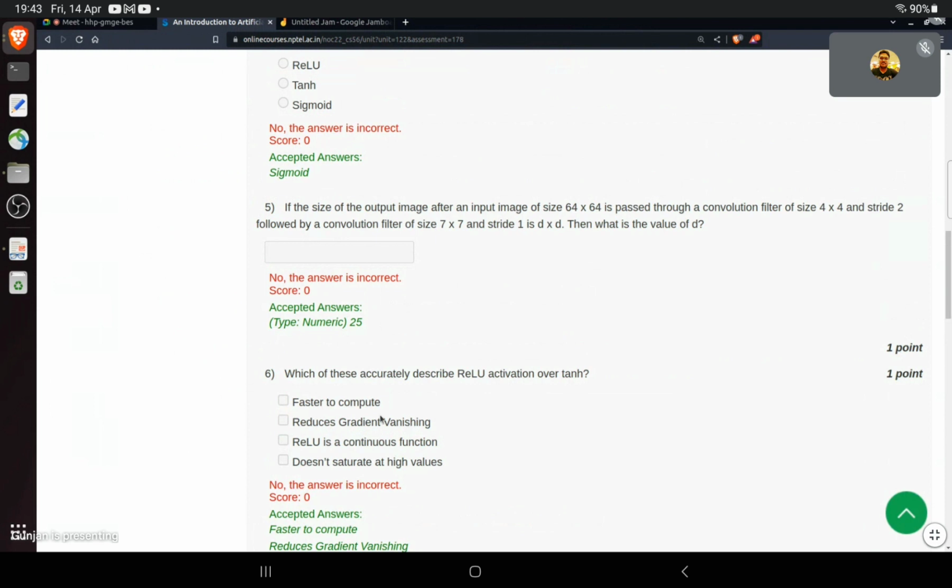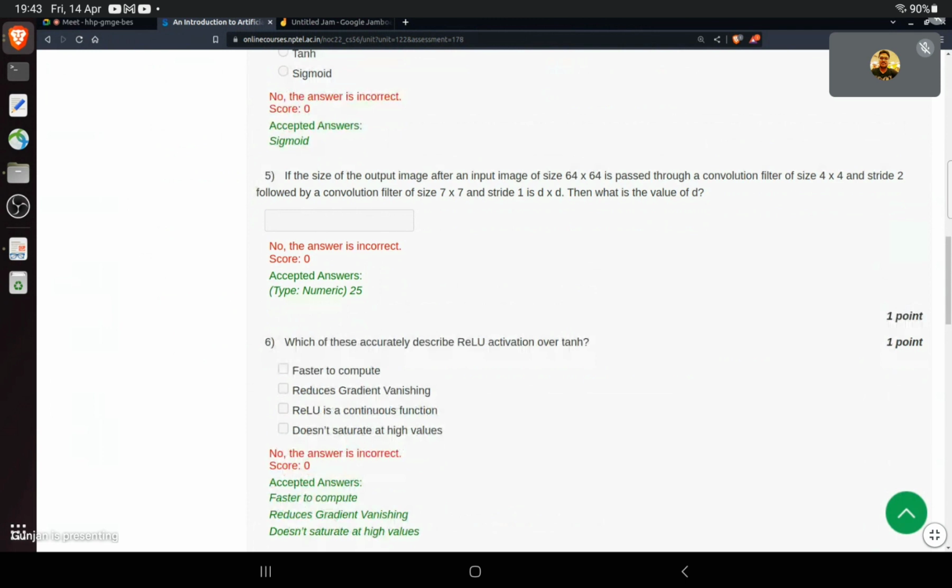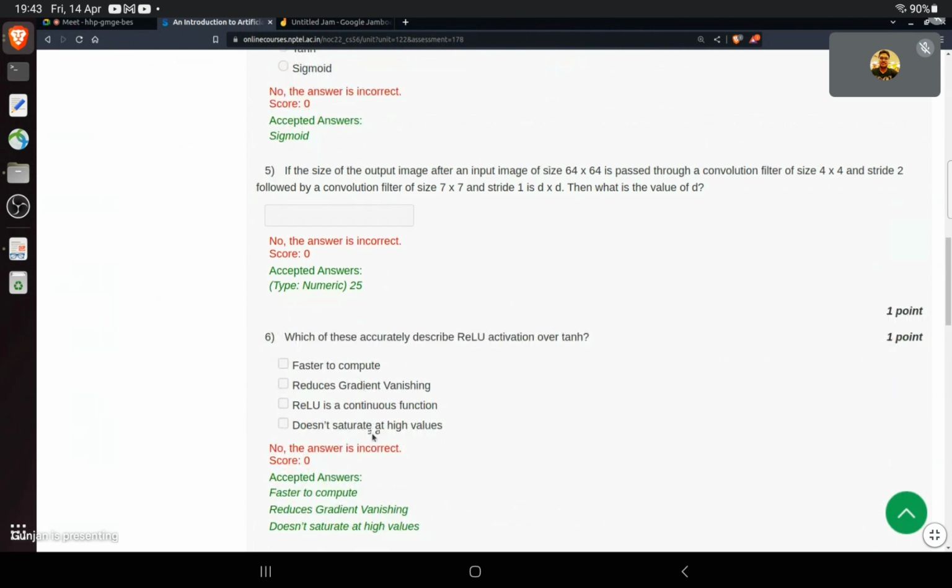So A, B, and D. And ReLU being a continuous function is obviously wrong. It does not saturate at high values, that is also true. So A, B, and D.